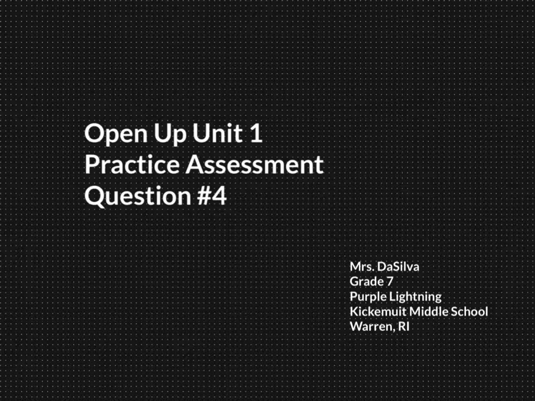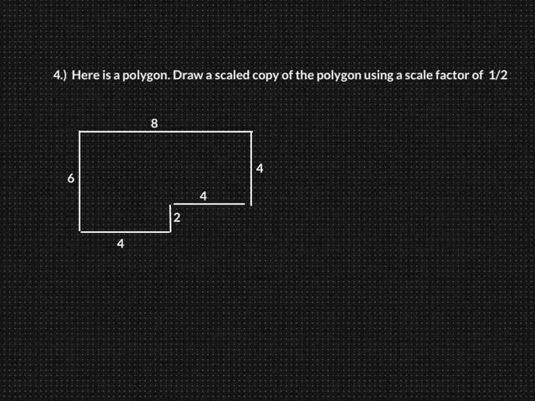Okay, so here we are, the next question, number 4 for our Unit 1 practice assessment. Here they've given us a polygon. It's not a simple rectangle or something like that, but it is a polygon because it's got all straight edges.